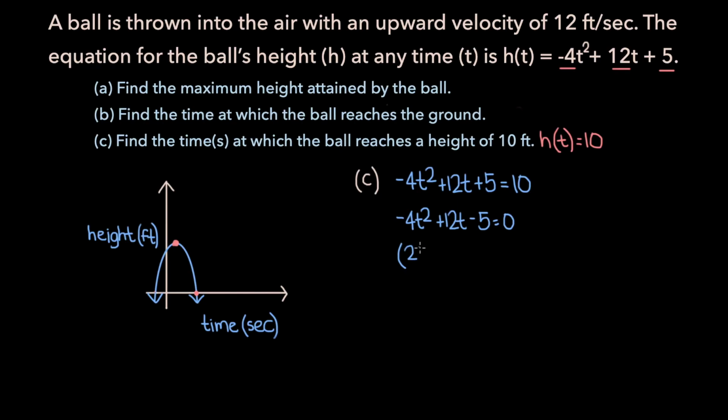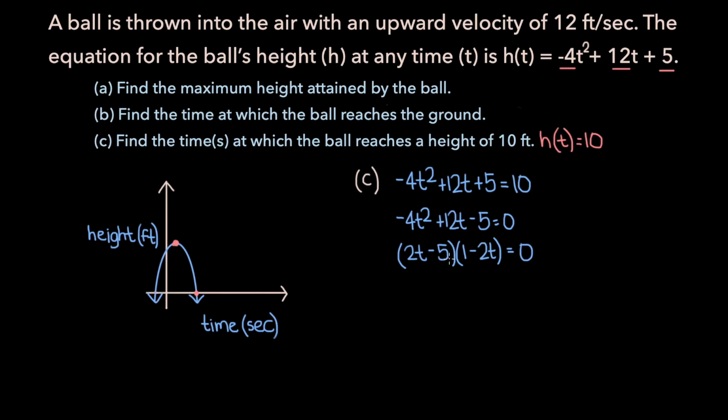So if you factor the left side of the equation, you get 2t minus 5 times 1 minus 2t, and this is equal to 0. And when looking at the equation in this format, it's much easier to find out what the x-intercepts are.